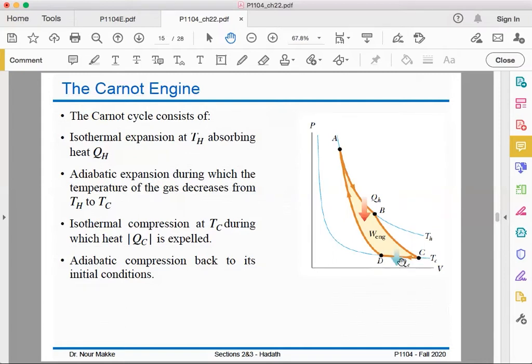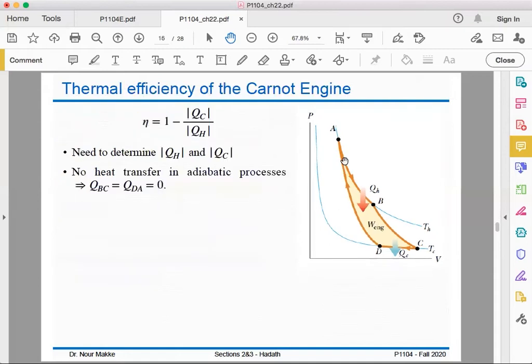Then from C to D, the working substance expels back the heat QC. And then from D to A, it's an adiabatic compression back to the initial state, the cycle stops and starts again from the beginning. So this is what happens during a Carnot cycle.